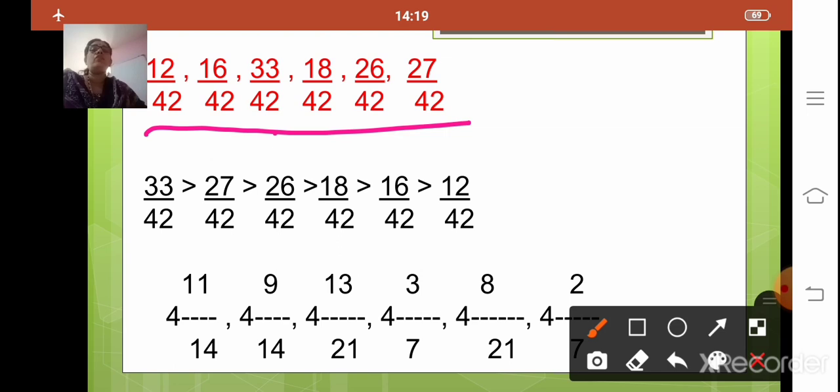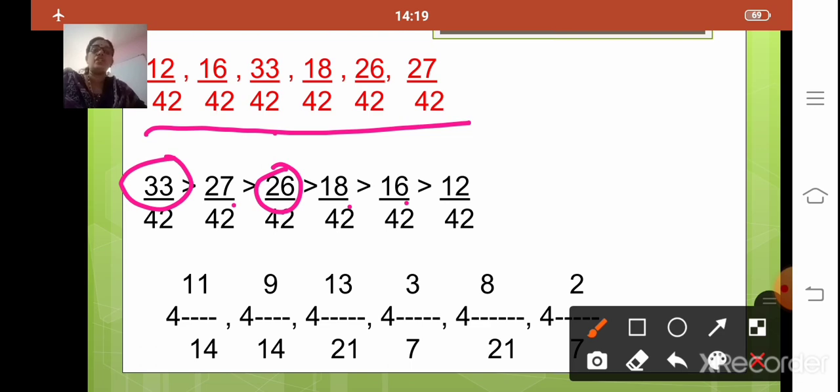Now compare the numerators. When we are arranging in descending order, the greater number will be first. So 33 is greater than 27, 27 greater than 26, 26 greater than 18, 18 greater than 16 and 16 greater than 12.